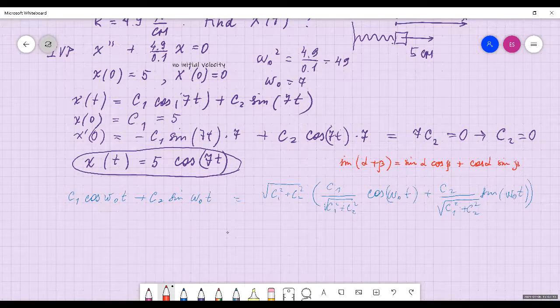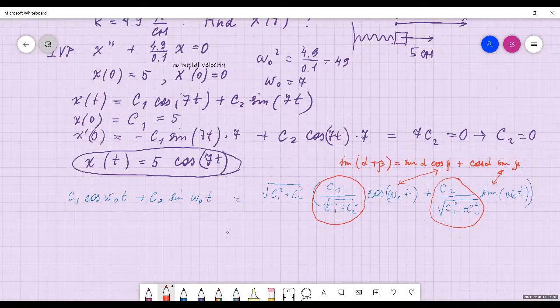Our expression represents a similar situation. Let's consider that beta is whatever is in the first term, this one, right? We have a sine, right? These two factors can be considered as a sine and cosine of some angle alpha.